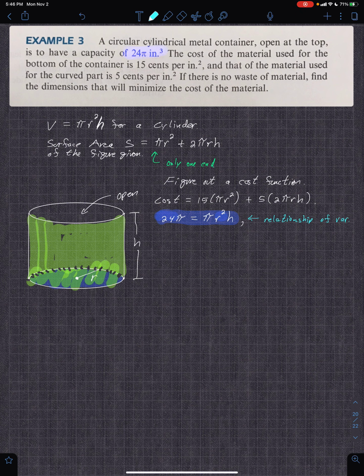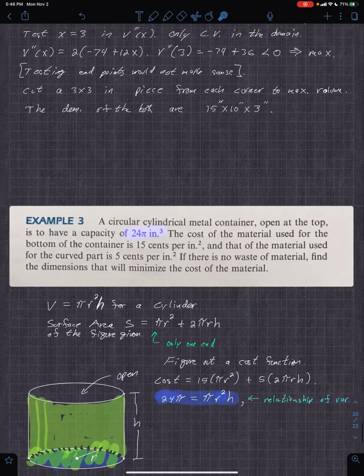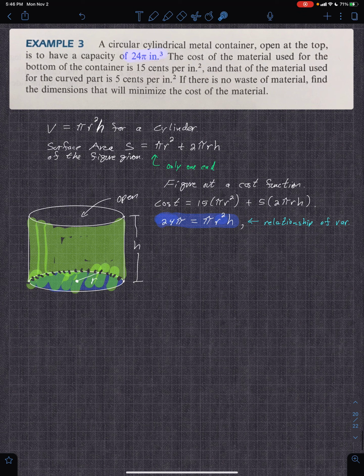Right, that was one of our things to look for: determine, write down known facts and relationships. So eventually we got to that relationship between the sides and base. Okay.